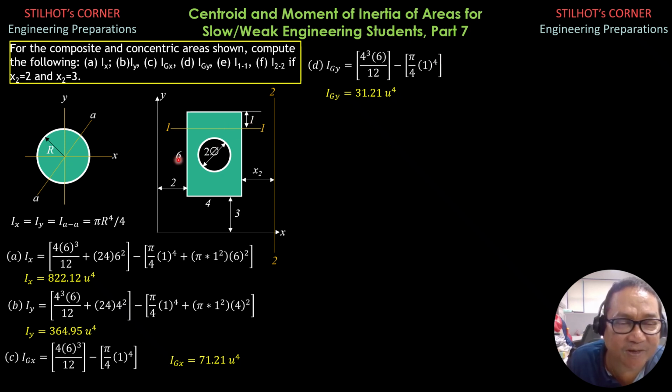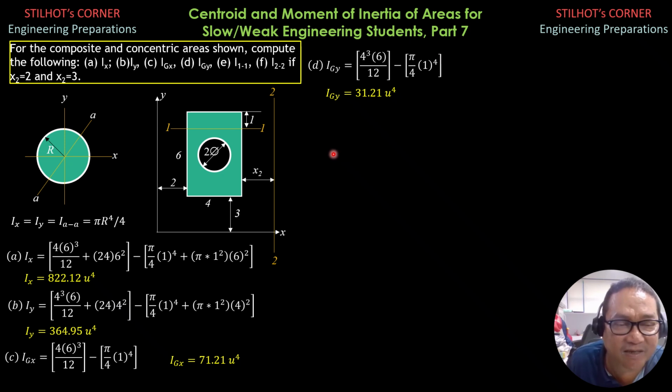So you may also use the transfer formula: IGX plus area, the area is 24 minus pi, then the distance is 2 squared, as an alternate solution. But in this case, I just transfer each the longer way.